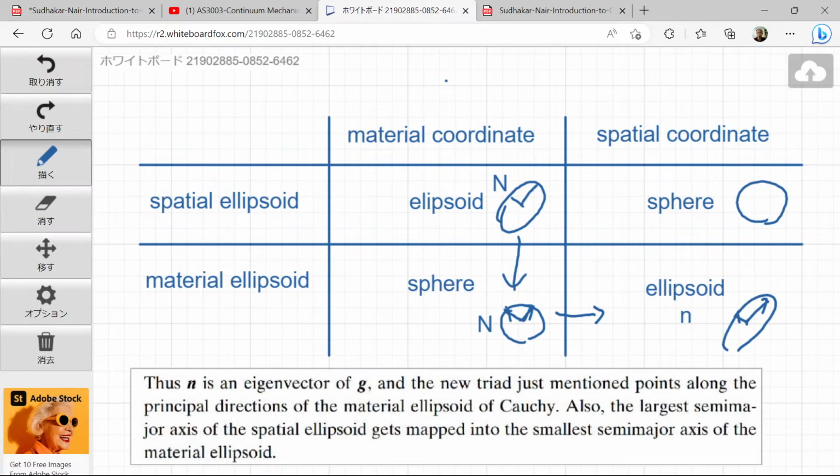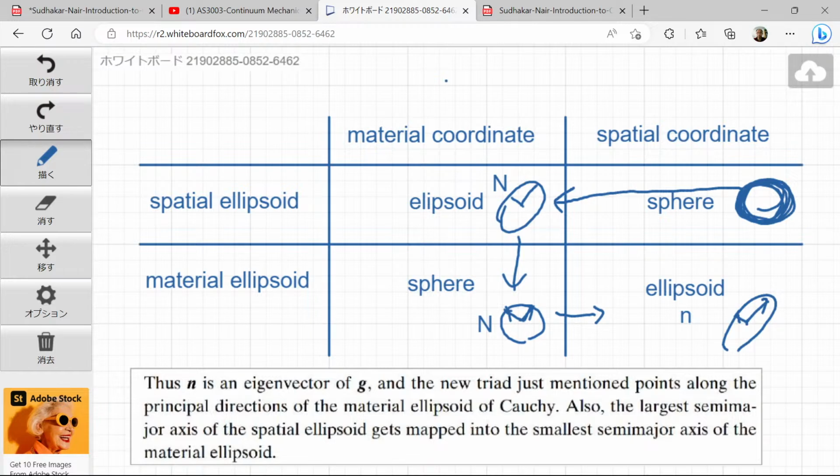So you start with a sphere, the spatial ellipsoid in spatial coordinate, which is a sphere. Then this goes to an ellipsoid in material coordinate, which is called the spatial ellipsoid.